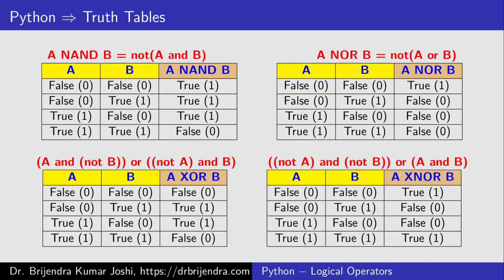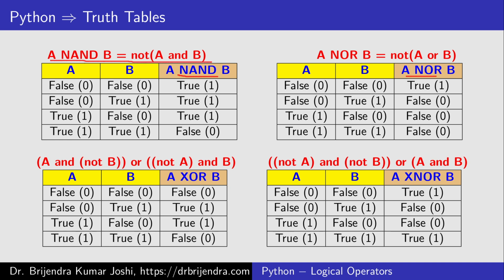Now, by making use of these, we can construct a few more logics, like NAND. There is no word called NAND. In case we want to implement NAND, we need to write this one.